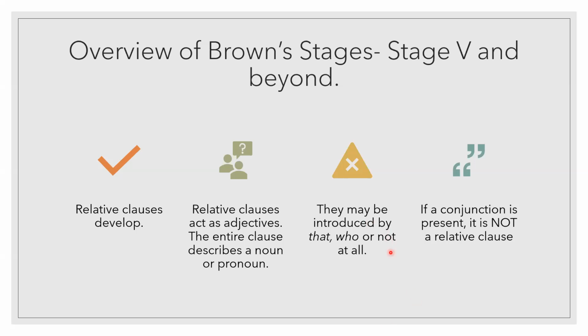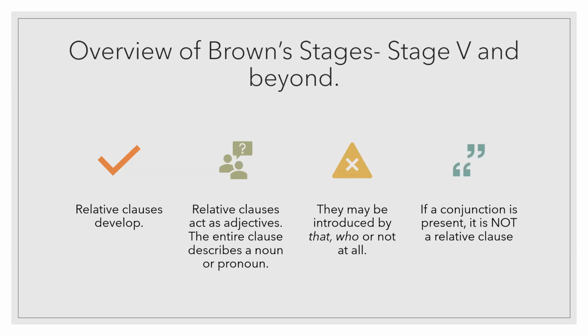Sometimes you see a relative clause introduced with words like that or who, but not always. If you have a conjunction, remember the conjunctions are the FANBOYS: for, and, nor, but, or, yet, so. FANBOYS, that's what it spells.